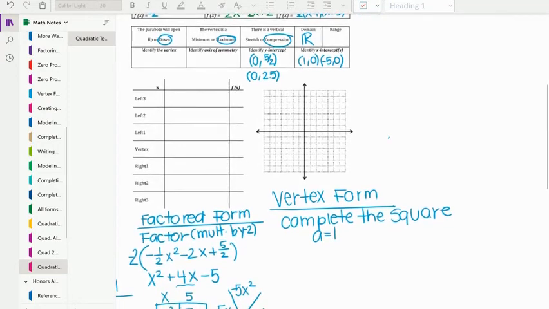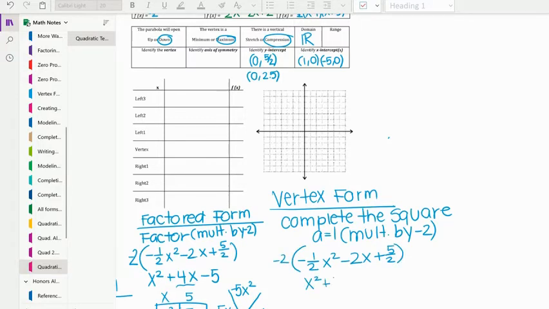So what we can do is, again, we're going to multiply by negative 2, because that will make it 1. So I take my negative 1/2 x squared minus 2x plus 5/2, and I'm going to multiply this whole thing by negative 2. So then I get positive x squared, positive 4x, and negative 5 equals 0.